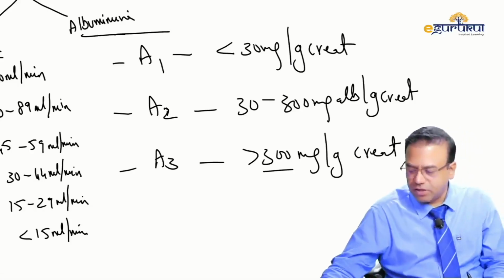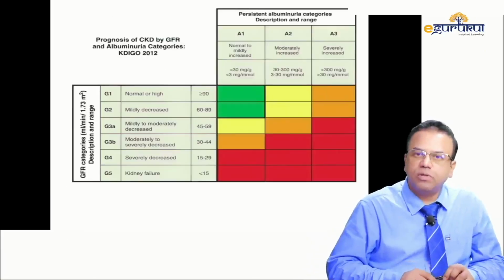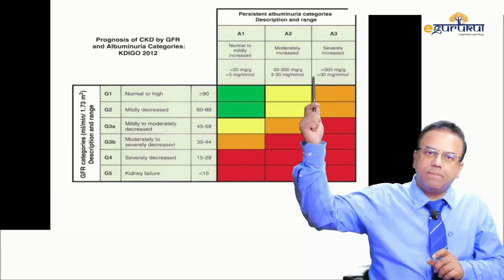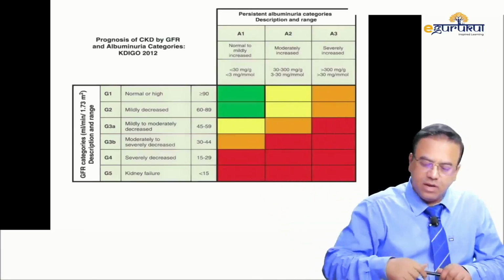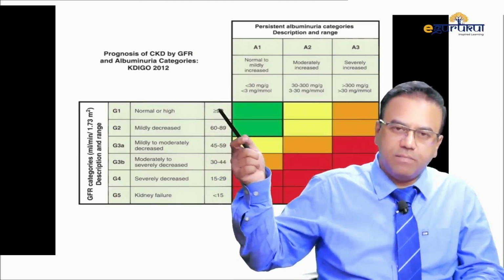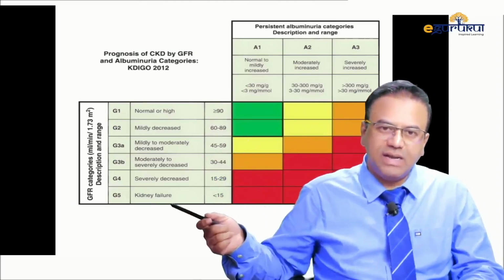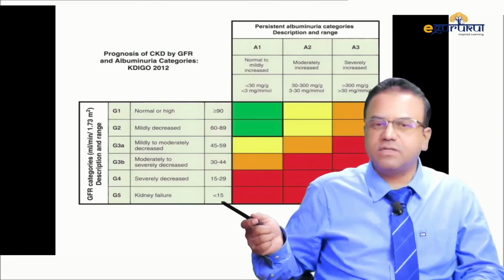Okay, so this is A1, A2 and A3. And if you look at the staging, you realize that staging includes both. One side you have albuminuria and one side you have the GFR. And remember, as I told you, 3A and 3B have been made, and not only that, you can see the word kidney failure is used only when the GFR is less than 15.